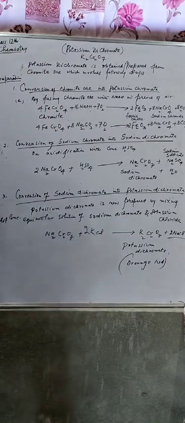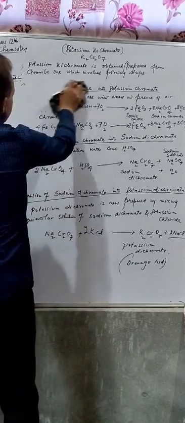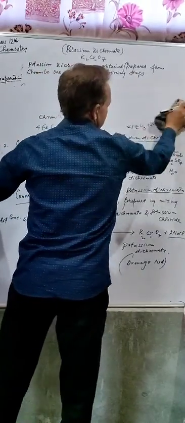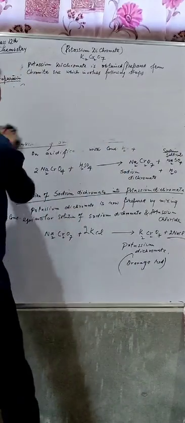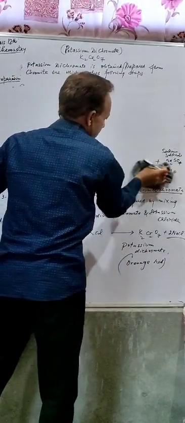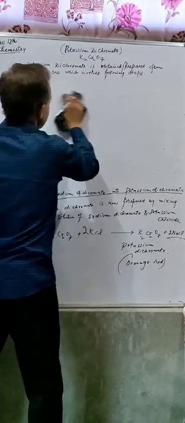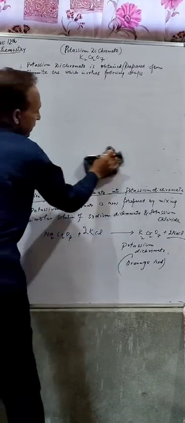Now we will take the properties of potassium dichromate, and today we will discuss only its physical properties.